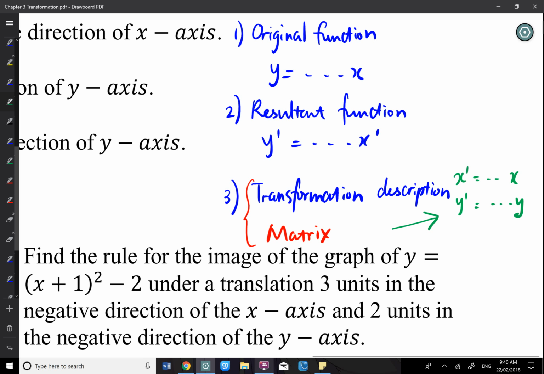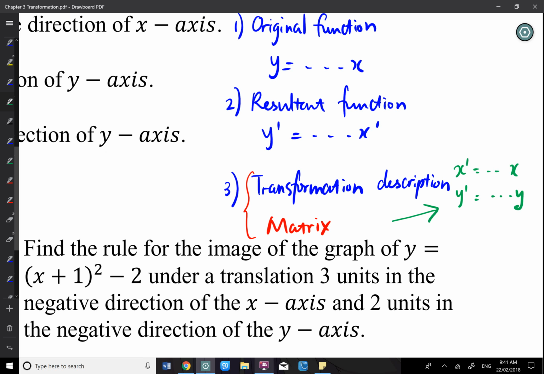So this is what you should get from number 3. In other words, if I have x dash equals some x, y dash equals some y, I can write the description as well. For example, if it gives you x dash equals x plus 4, you know that's translate 4 units to the right. It can go both ways.